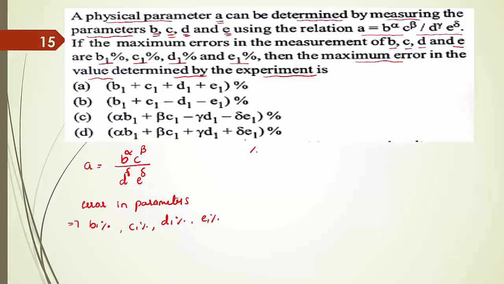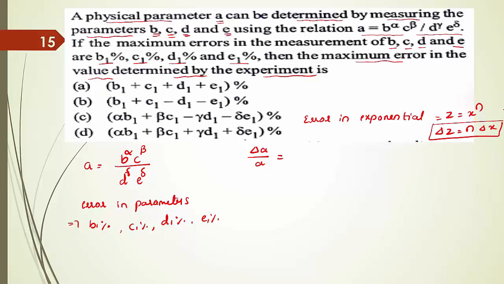This is delta A over A is equal to B raised to alpha, C raised to beta divided by D raised to gamma into E raised to delta. We can use error in exponential. You can remember in general we can write z equal to x raised to n, delta z over z equal to n into delta x over x. So this equation we can use here to find the maximum error present in this given experiment.